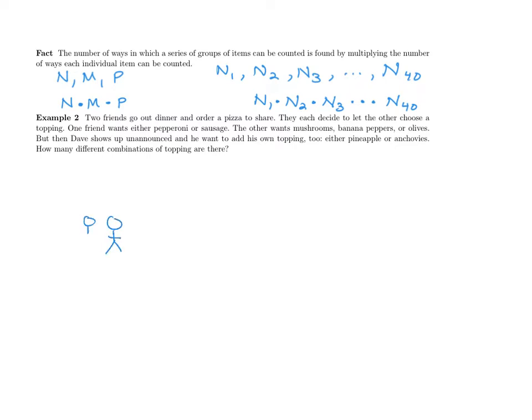So, we have our two friends, the first and the second, and then Dave shows up, friend number 3. And it starts the same exact way. So the first person says, okay, either pepperoni or sausage. The second friend was like, I want either mushrooms, banana peppers, or olives.